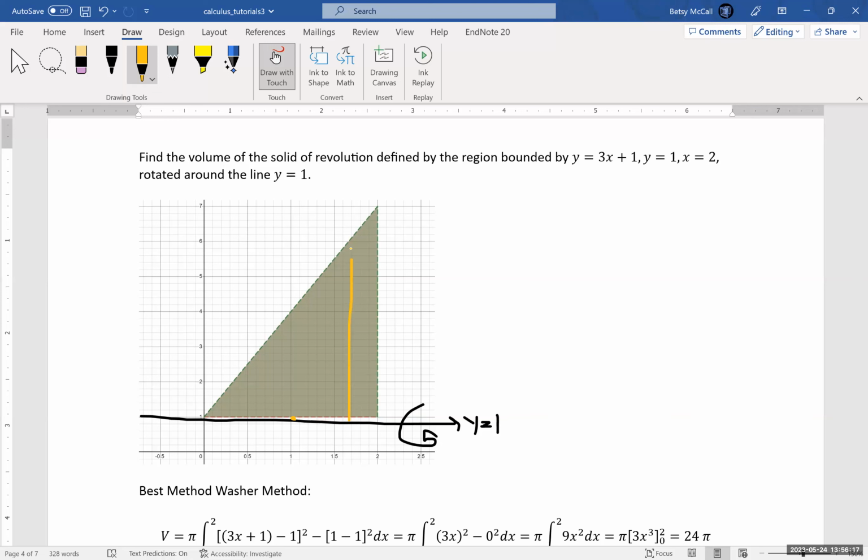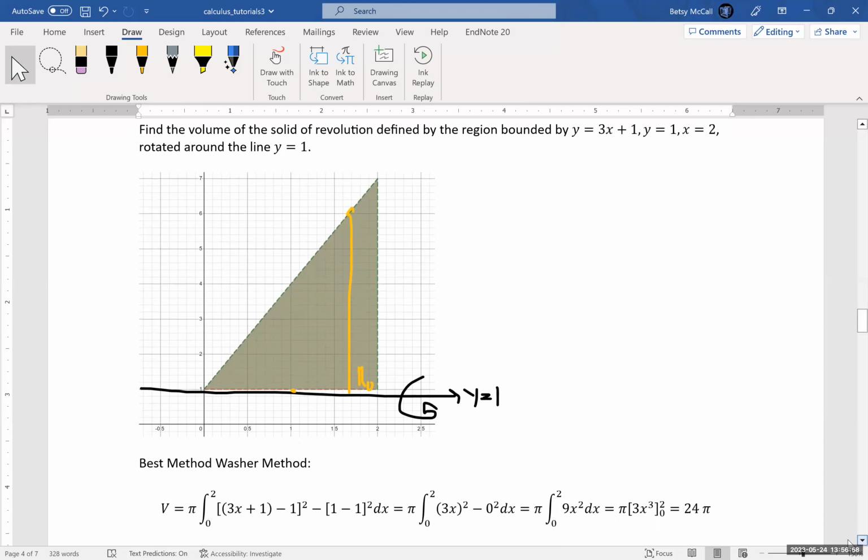And then the outer radius R0 is not the height of this function per se, but it's the distance between the height of this function and the axis of rotation. So essentially, we're going to take the functions for the inner and outer radius that we used when we rotated around the x-axis, and instead we're going to take away the distance that we've essentially moved our axis of rotation.